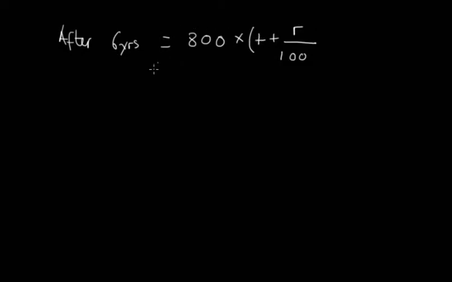After 6 years of investment, the sum is going to be equal to the original 800 multiplied by 1 plus R over 100, raised to the power 6.